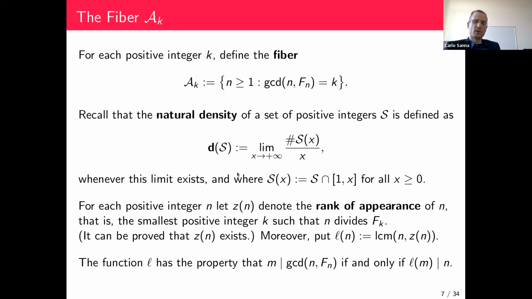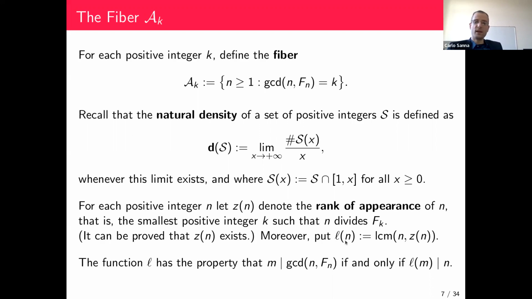Then we have to define two functions for each positive integer n. Let Z of n denote the so-called rank of appearance of n, which is the smallest positive integer k such that n divides the kth Fibonacci number. It is well known that this integer exists, and so Z of n is well defined.